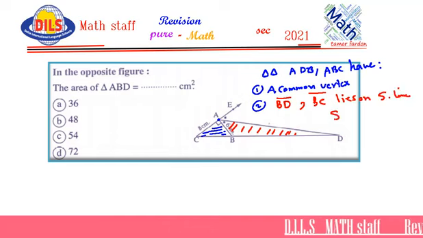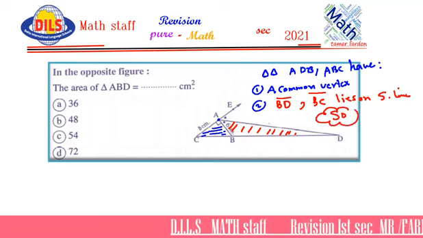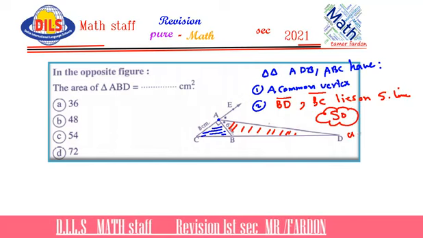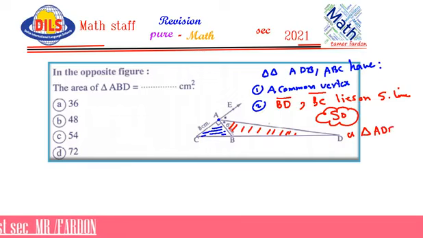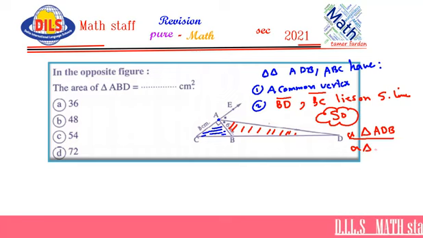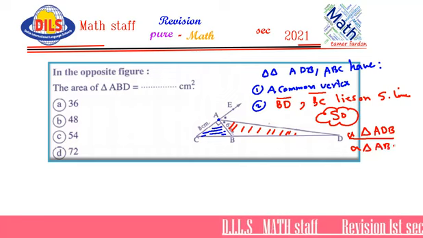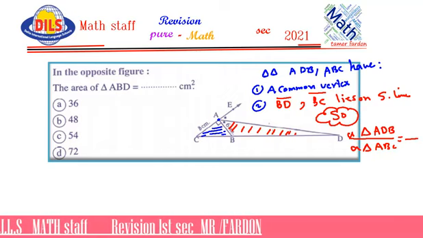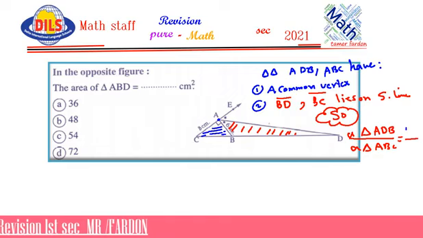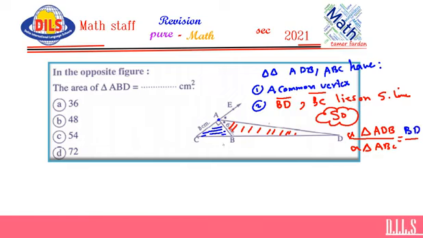So we can deduce that the area of triangle ADB over the area of triangle ABC equals the ratio between the base of the first, which is BD, over the length of the base of the second, which is BC.